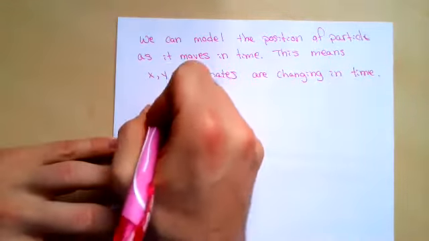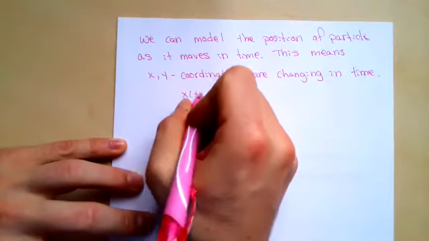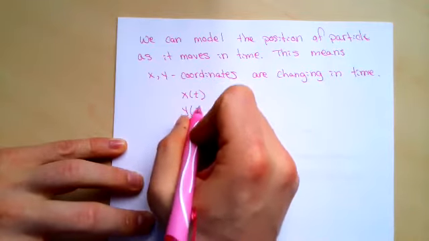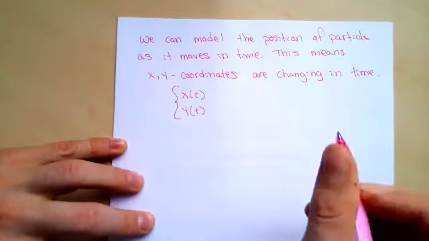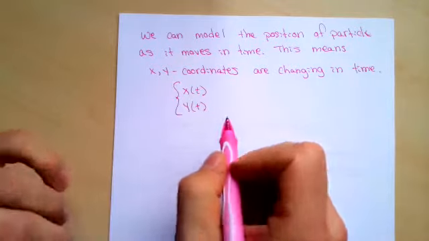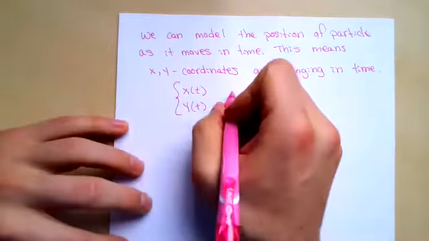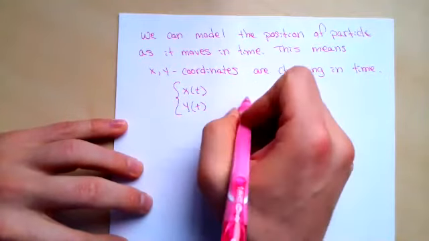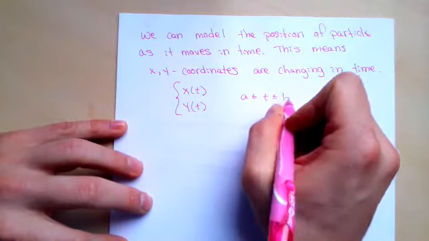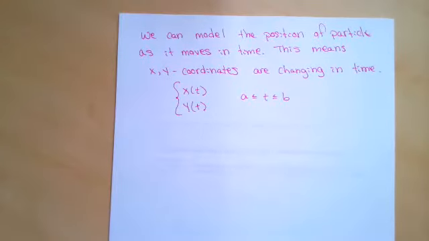And so we commonly write this as x of t, x as a function of t, y as a function of t. And you'll see brackets or some sort of squirrely bracket on the left. And then often we have a time constraint. So we will have our bounds for when this particle is moving.